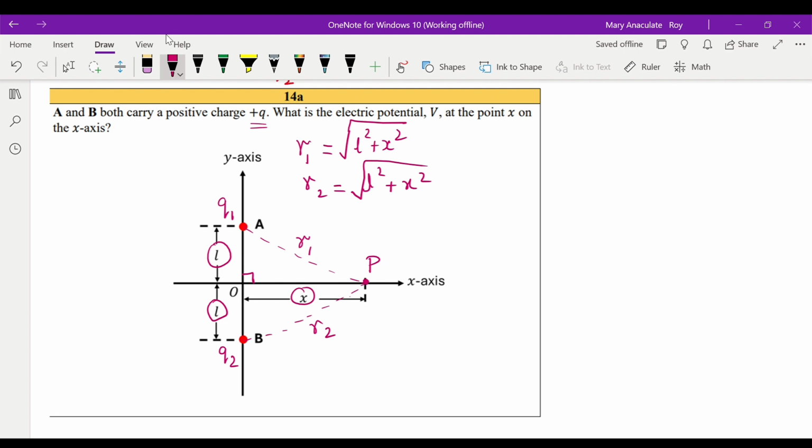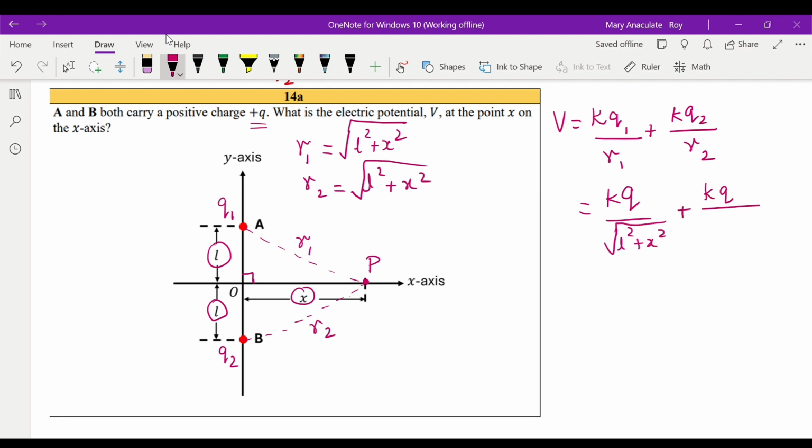Now they ask you the total electric potential. So let's start with the formula. V is equal to, since we have two charges, the formula expands to KQ1 over R1 plus KQ2 over R2. Since it is just Q positive charge, we'll just replace it with Q, and the distance is square root of L square plus X square, plus again you repeat the same, all the values are the same in the second expression as well.